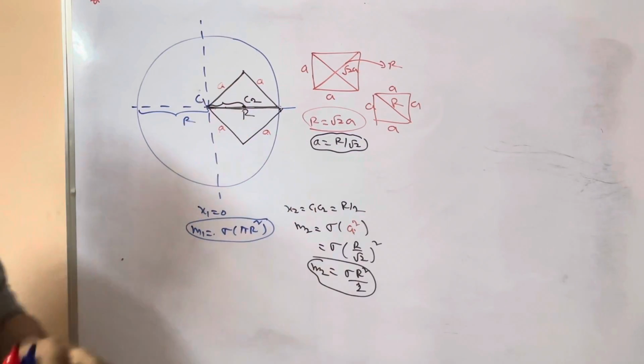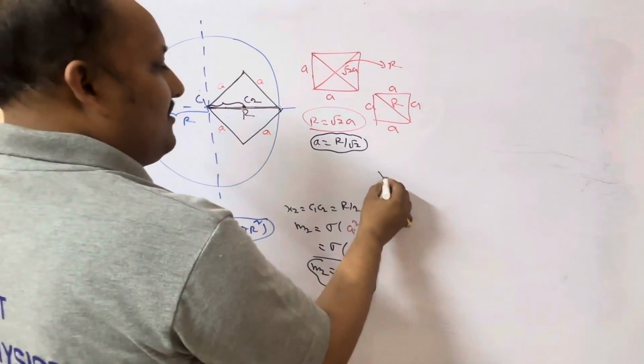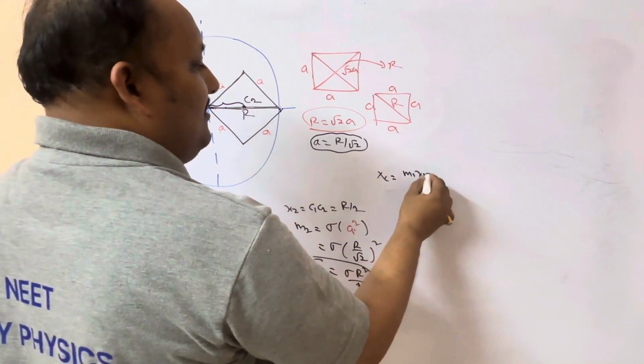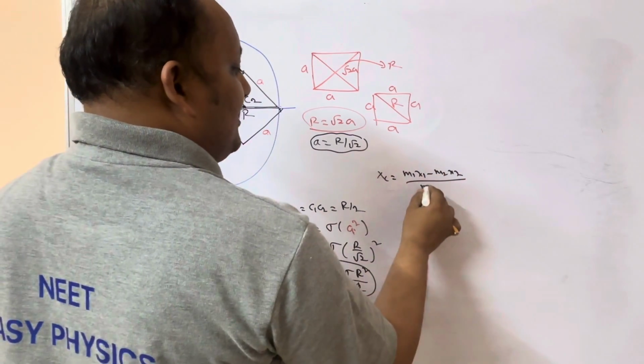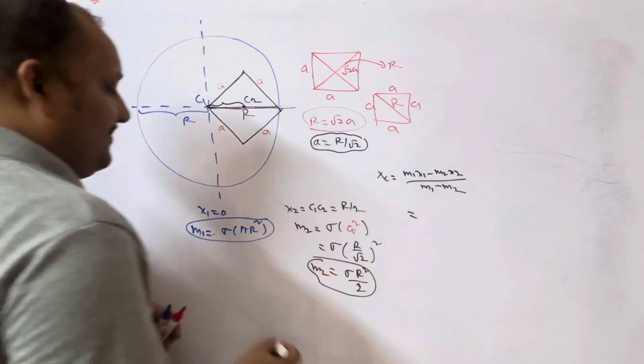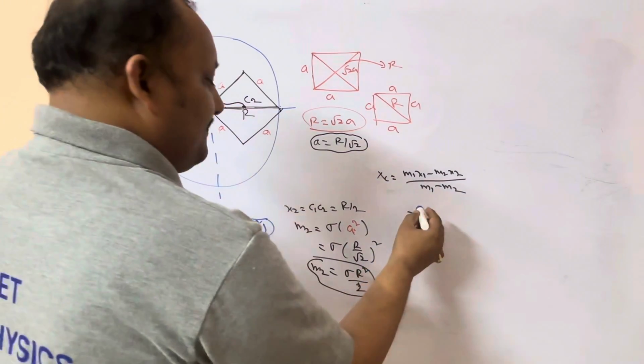So they removed this portion. Therefore, removed means which formula are we going to use? X equal to m1 x1 minus m2 x2 by m1 minus m2. So what is x1 here? 0.